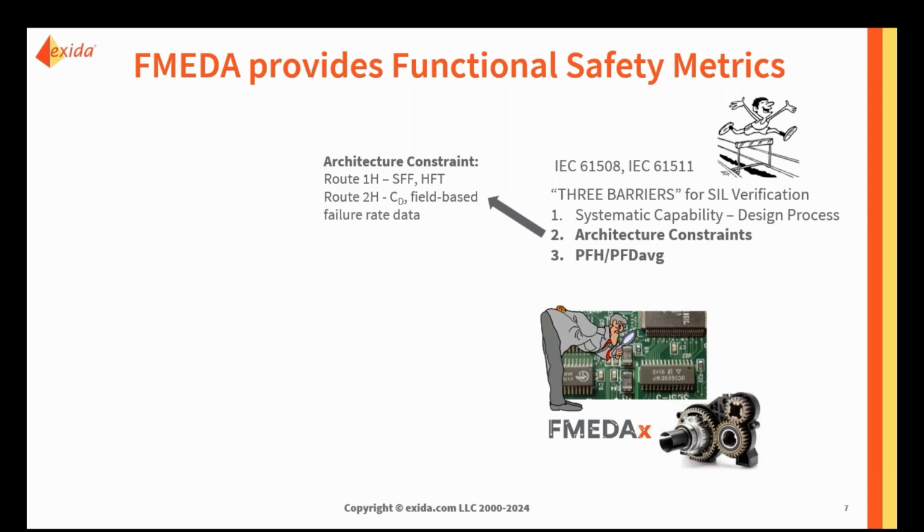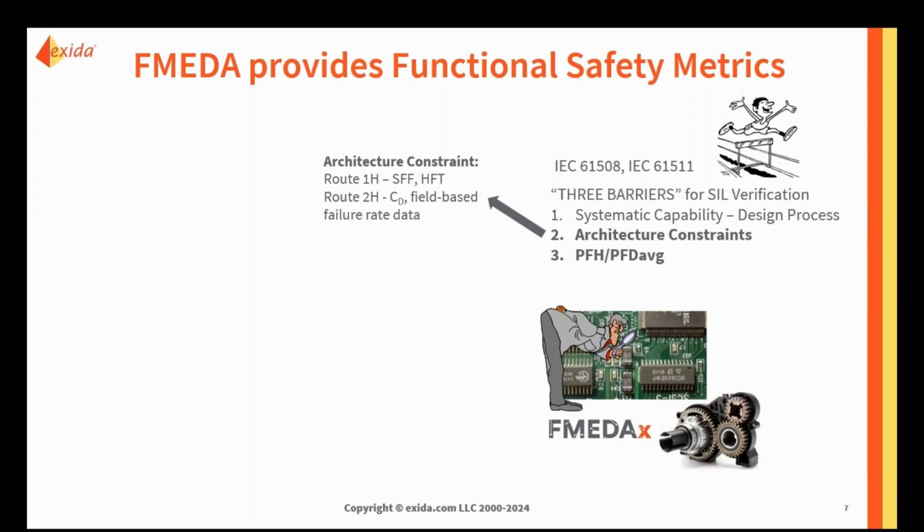There are 2 approaches to getting architectural constraints. The classic one, which is now called Route 1H, depends on a metric called safe failure fraction to determine the hardware fault tolerance or level of redundancy that your product will need for a particular safety integrity level. The newer route is called Route 2H.